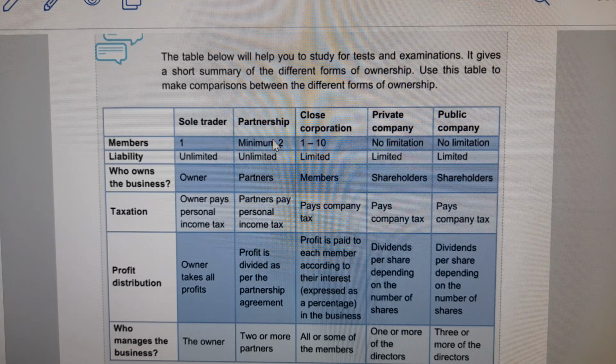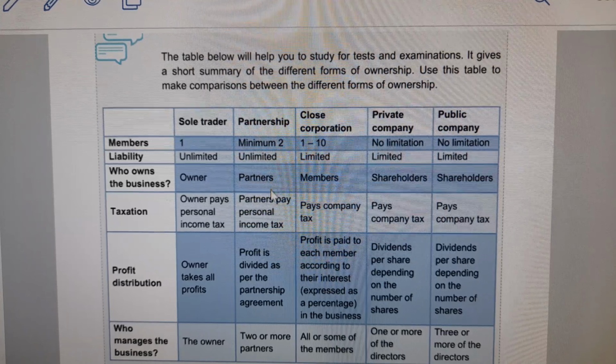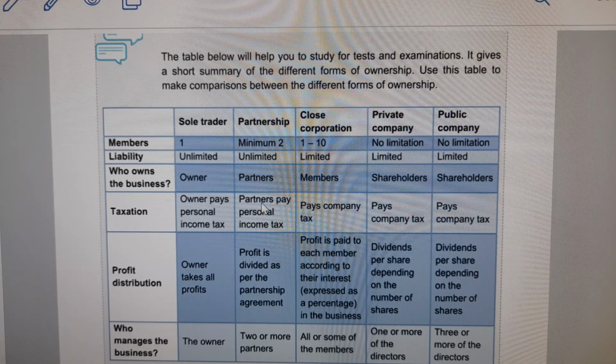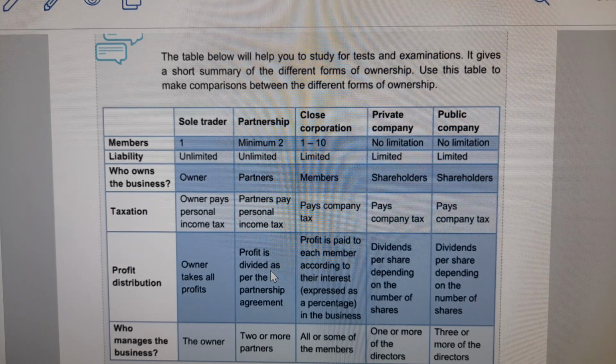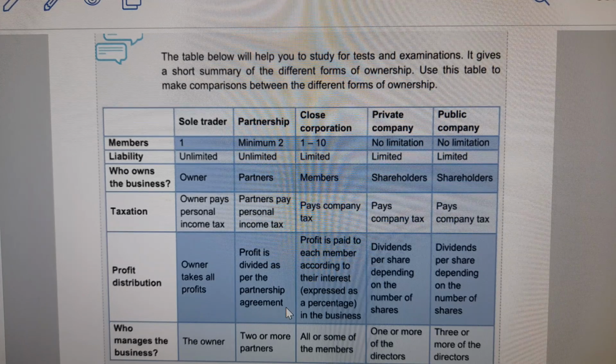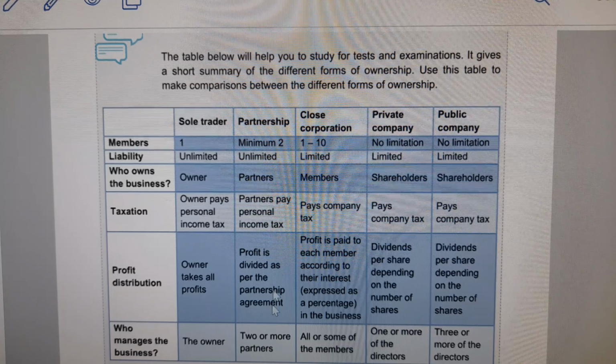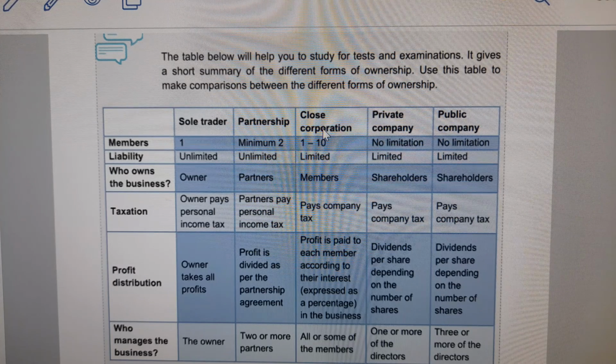We go to partnership. It has got two members, liability is unlimited, the business is owned by the two partners, and when it comes to tax, both the partners pay the personal income tax. The profit is divided as per the partnership agreement, and two or more partners will manage the business. We go to close corporation.